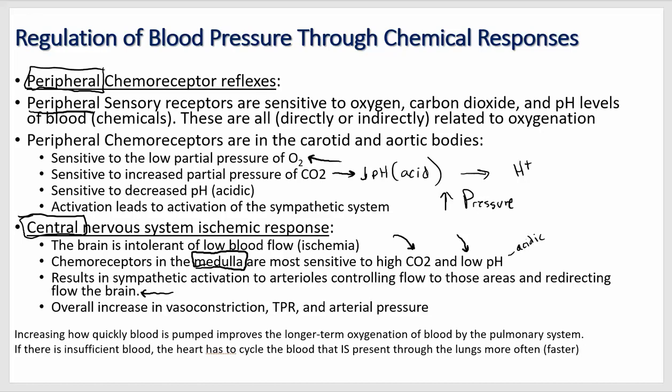Okay, so increasing how quickly blood is pumped improves longer-term oxygenation. So this is just kind of a note to keep in mind. I said it before, but if you have less oxygenation of blood, if you kind of notice those things, then one way to get that done is to push it through the system more quickly, and that way it's going past the lungs more often, getting oxygenated more often, and that's kind of a way to get that done.